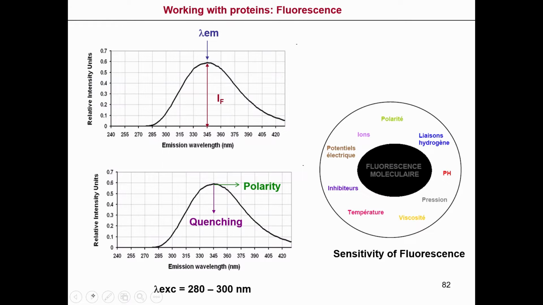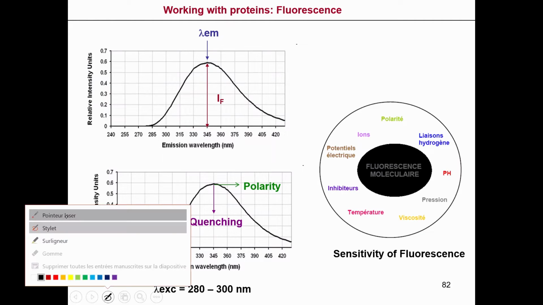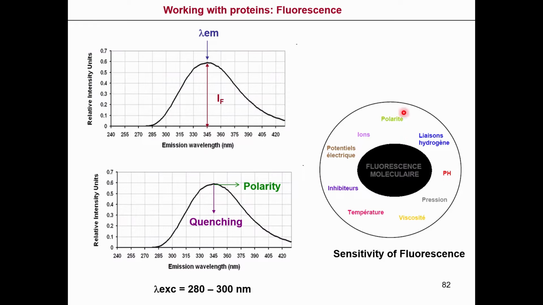Okay, because the fluorescence is very sensitive to all this: the temperature, the pH, the hydrogen bond, the presence of ions, and the presence of denaturant. And also it's very sensitive to the polarity of the solution.